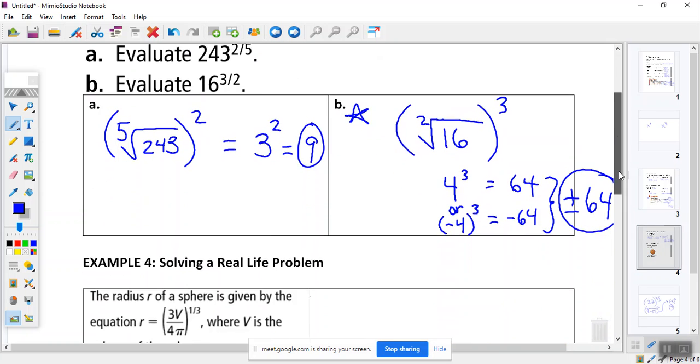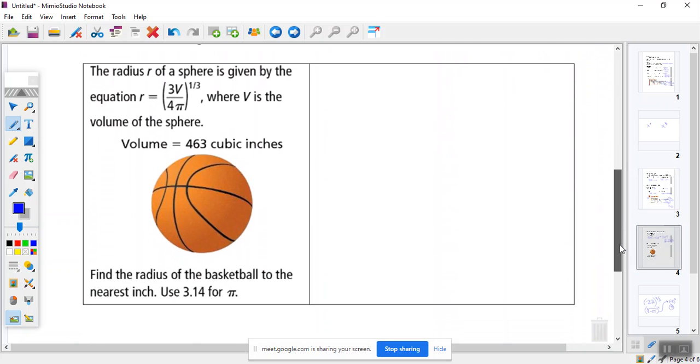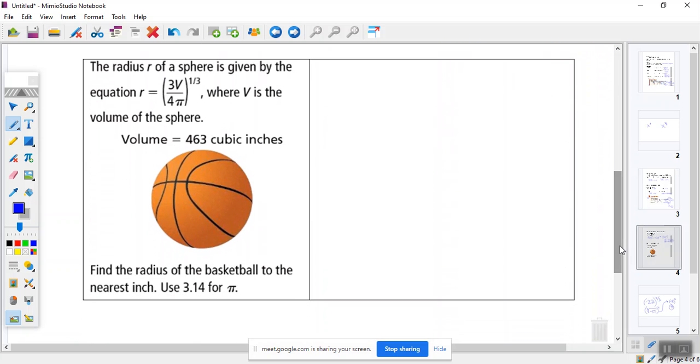So let's apply this. Example 4, solving a real-life problem. How about I volunteer to read that for me there? Anybody want to volunteer to read that problem for me? I'll read it. It says the radius r of a sphere, like the shape of a ball, is given by the following equation. R is equal to 3 times v divided by 4 pi, where v is the volume of the sphere.